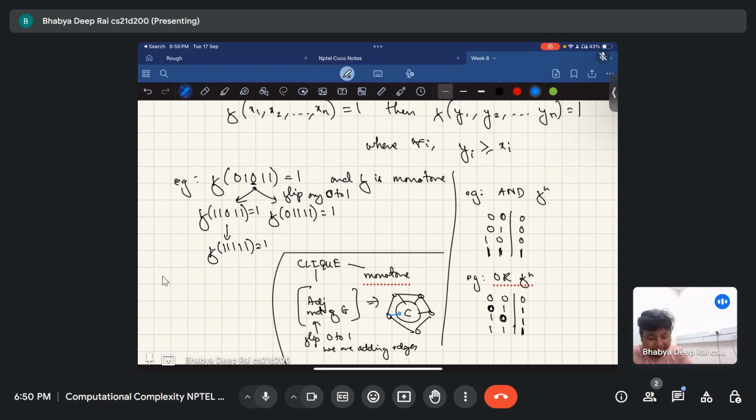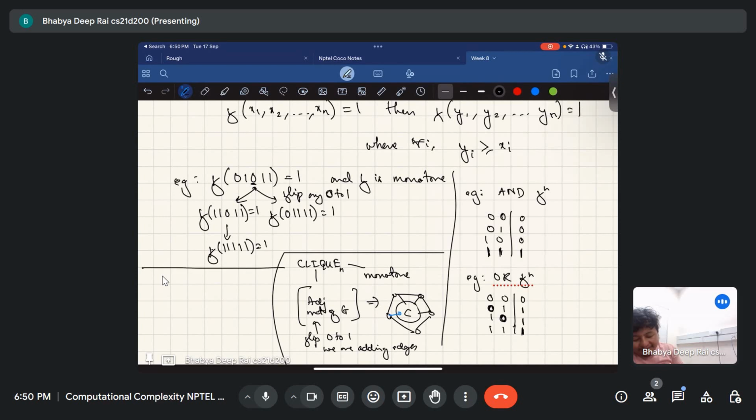So the function of clique on a graph of size n will still evaluate to a 1. If it has a clique of size k and I flip a 0 to a 1, then it will continue having the clique of size k, because I'm only adding edges, which is not removing any cliques from the graph. So clique is an example of a monotone function, which is a bit non-trivial.